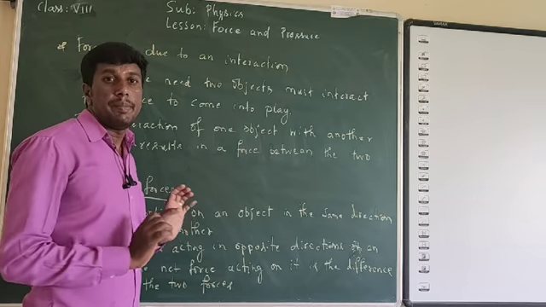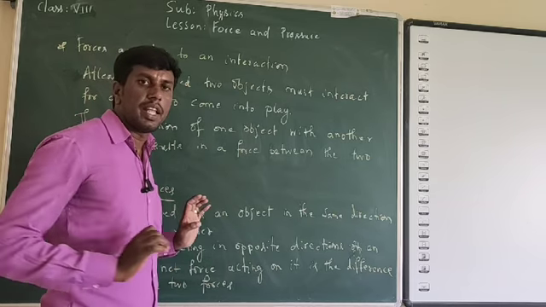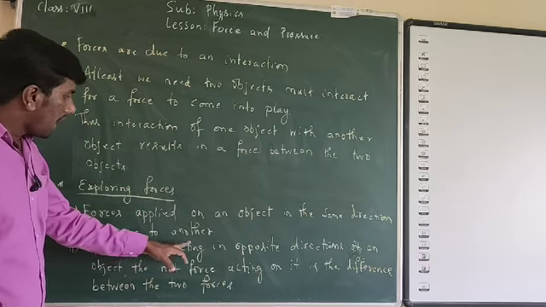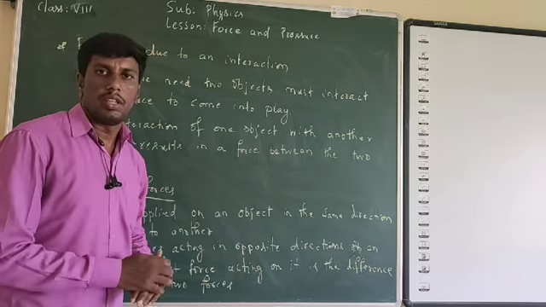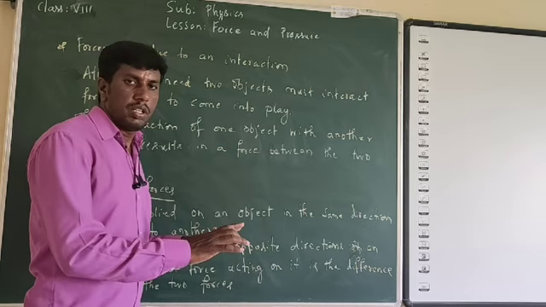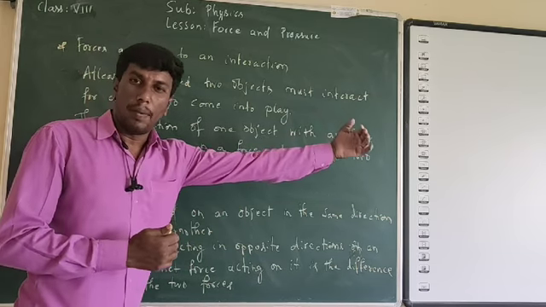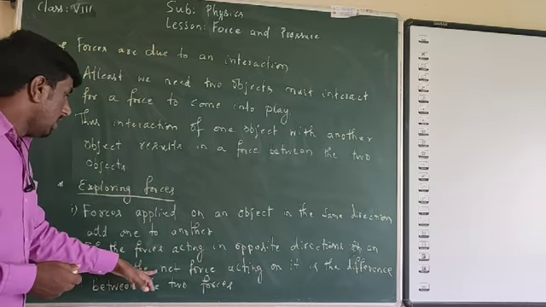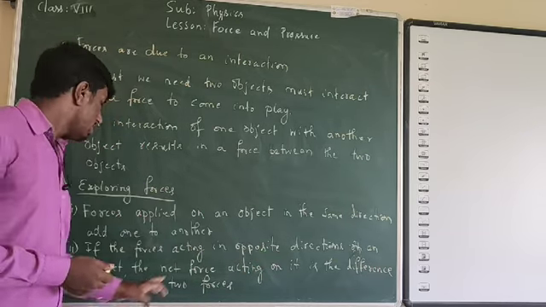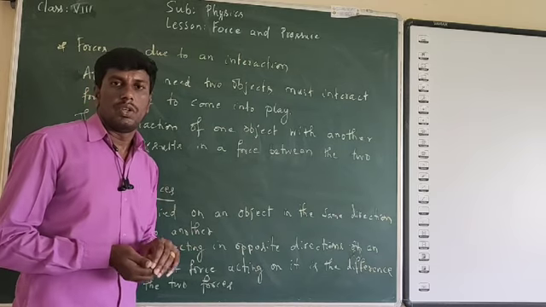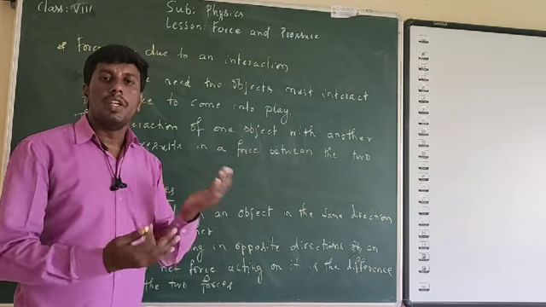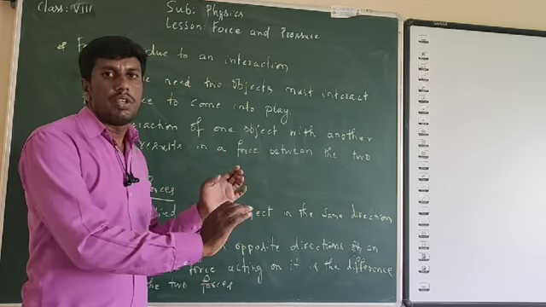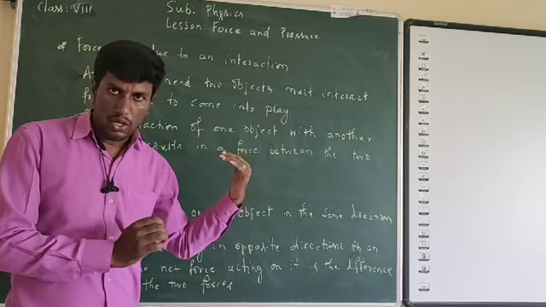If me and my friend are applying force in the same direction, okay? Now, if the forces are acting in opposite directions, that means I am applying in one direction, my friend is applying a force in the opposite direction to me. So what will happen? The net force acting on it is the difference between the two forces. Difference in the sense, I am applying some force, he is applying some force, right?